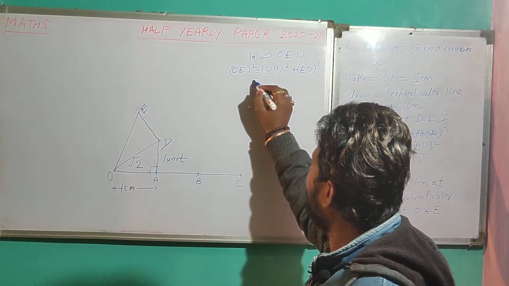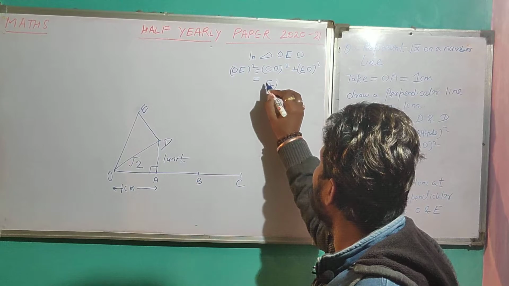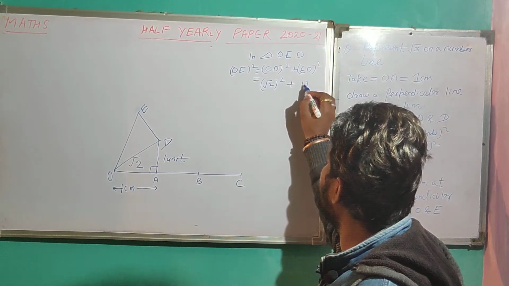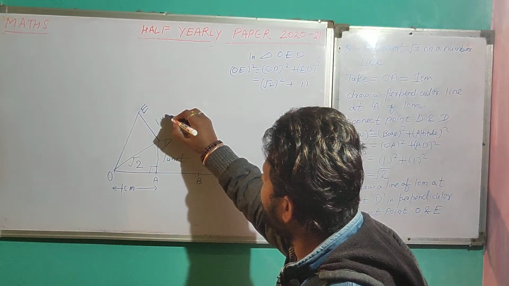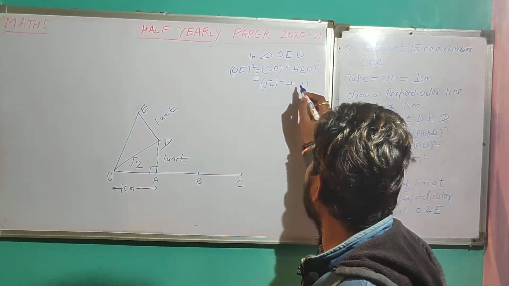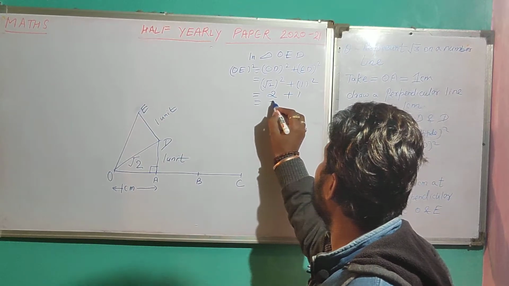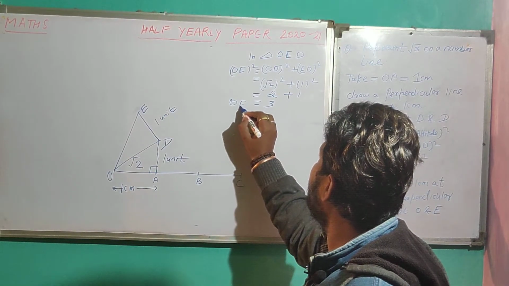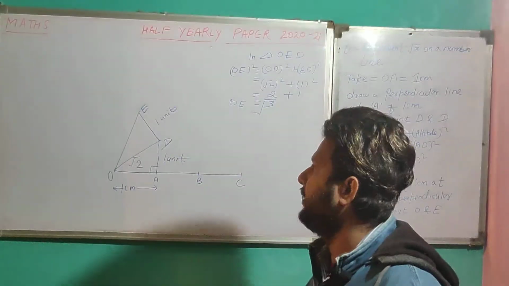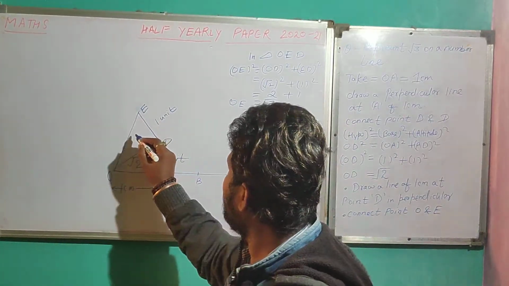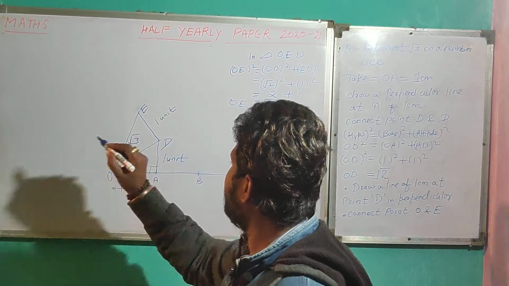The value of OD is root 2, square. The value of ED is 1 unit. 1 square plus root 2 square, 1 plus 2, is equal to 3. Therefore, OE is equal to root 3. So, we get the value of OE as root 3.